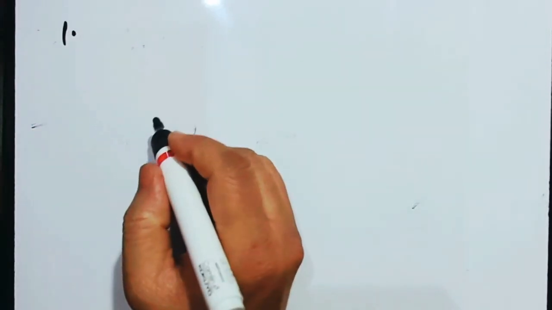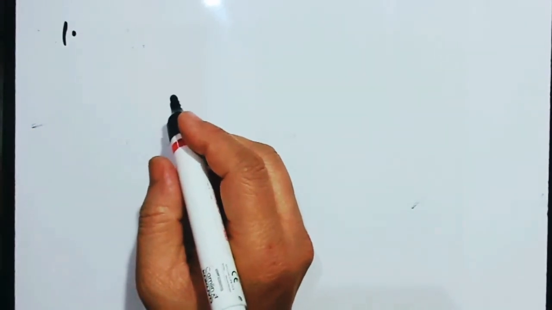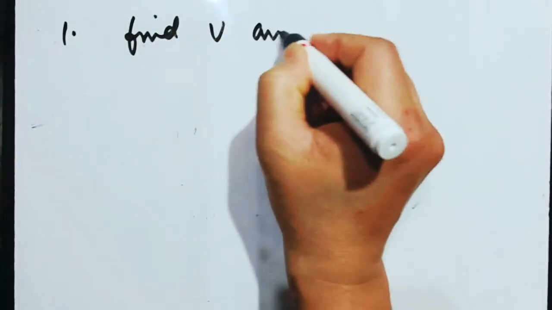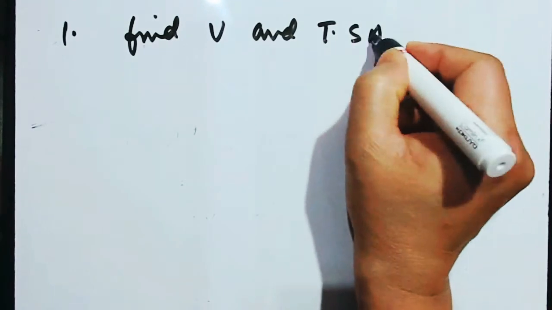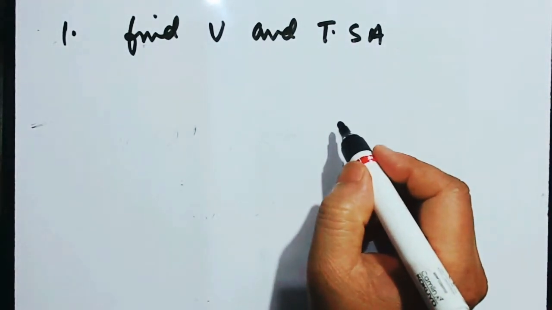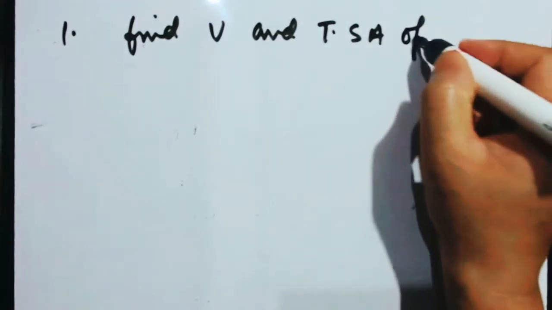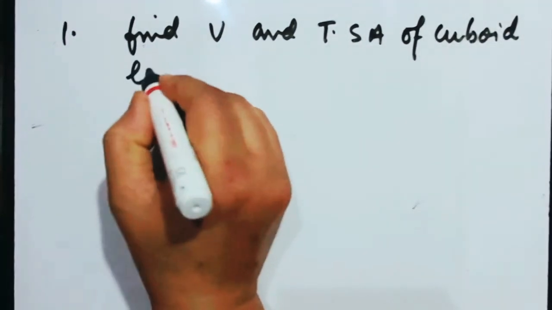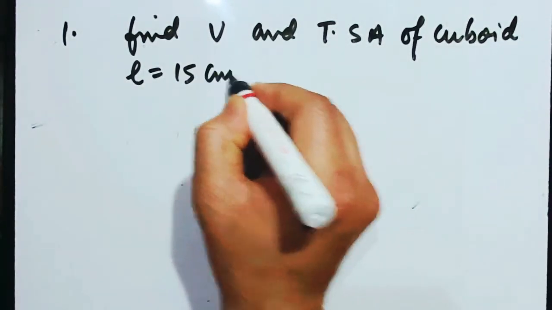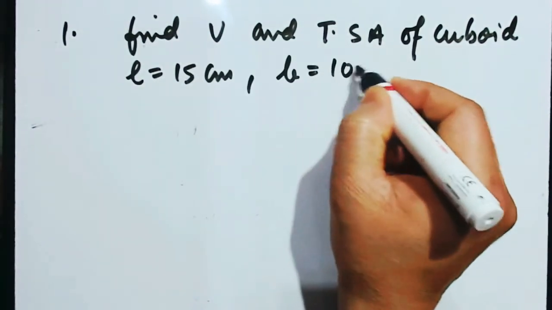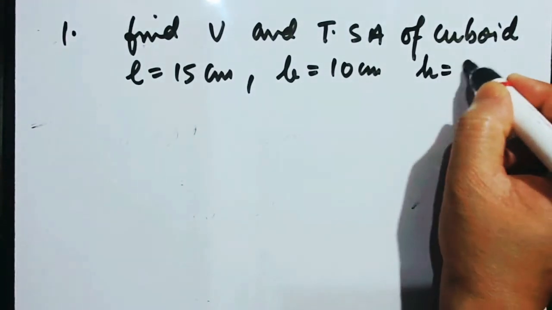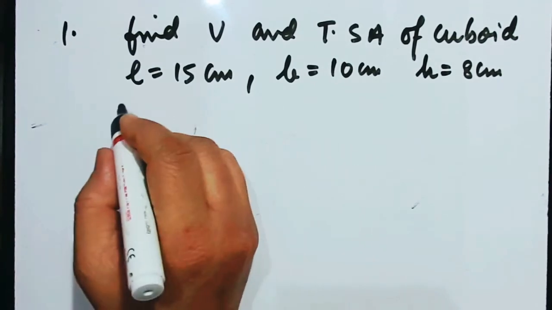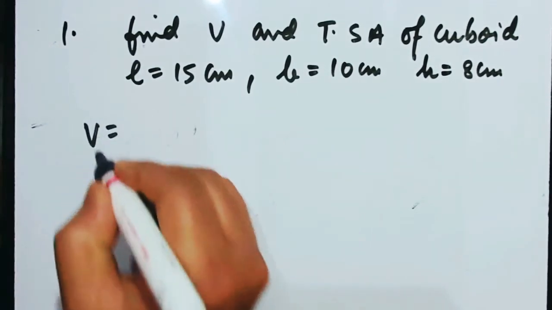Question number 1 says, find the volume and total surface area of a cuboid whose dimensions are: length is given as 15 centimeter, breadth equal to 10 centimeter, and height equal to 8 centimeter. And I hope that you people will easily find out the volume, isn't it?